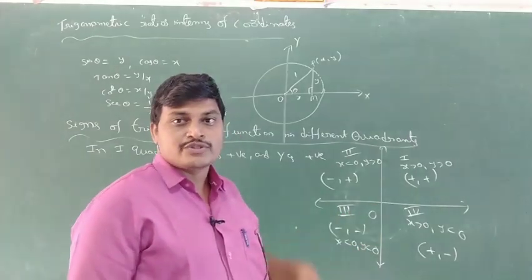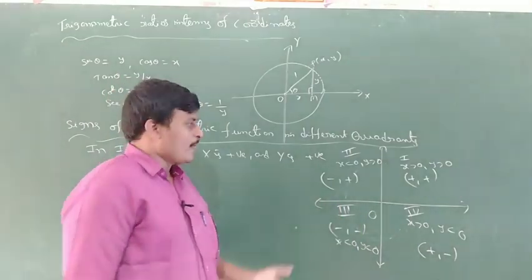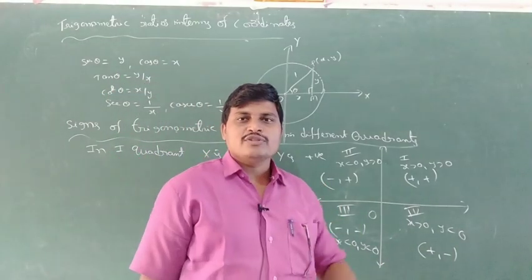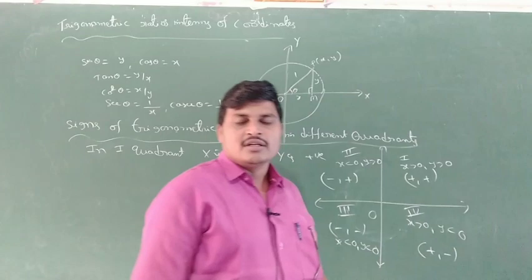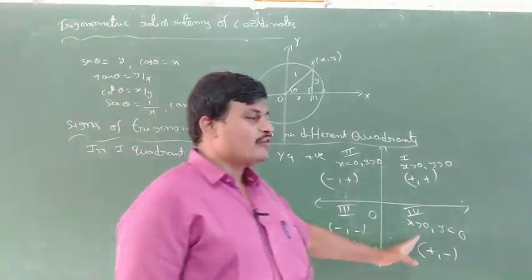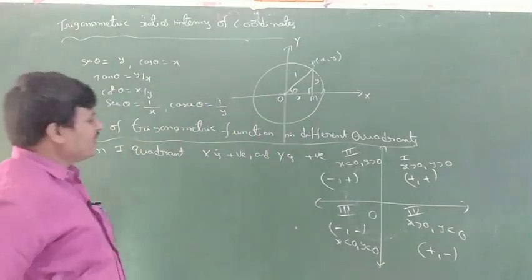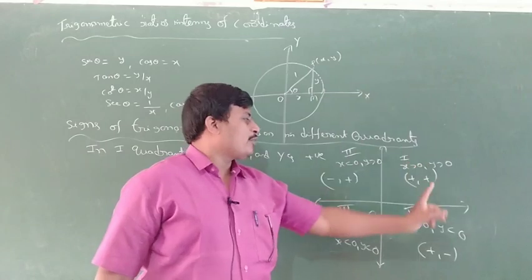Some functions means which functions are positive and which are negative in each quadrant. For example, in the first quadrant, x is positive and y is positive.